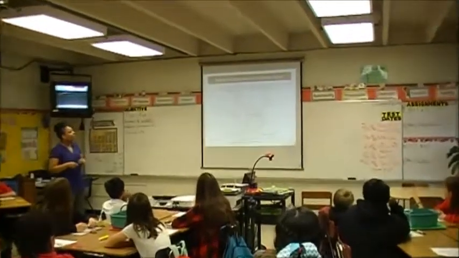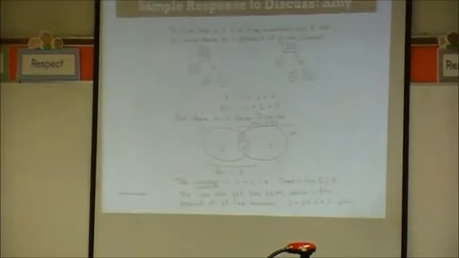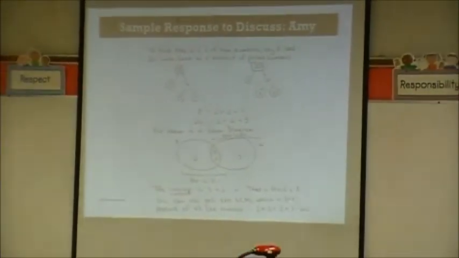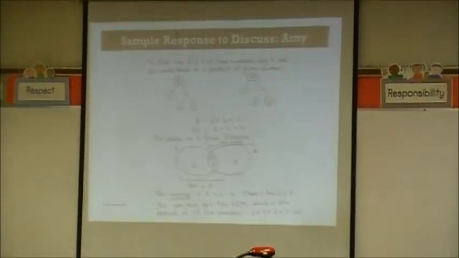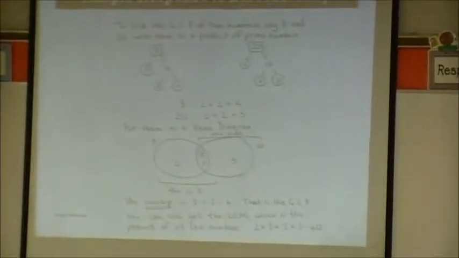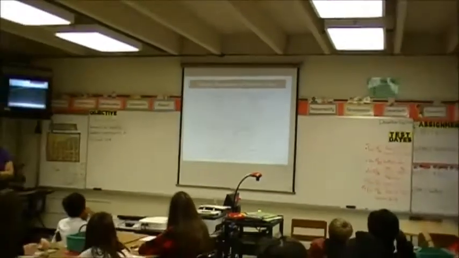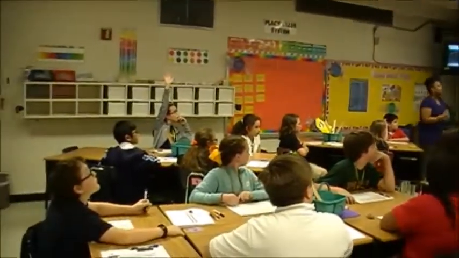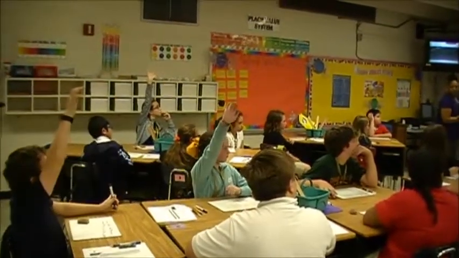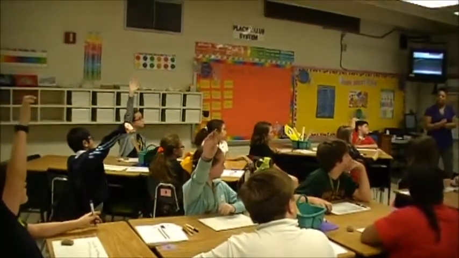Okay? The numbers here were 8 and 20. Let's take a look at what Amy did. Who notices what Amy did? Or who can tell me what Amy did to find the GCF here? What did Amy do, Sydney?